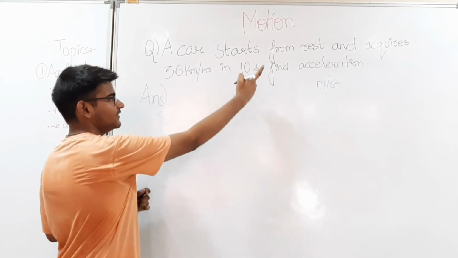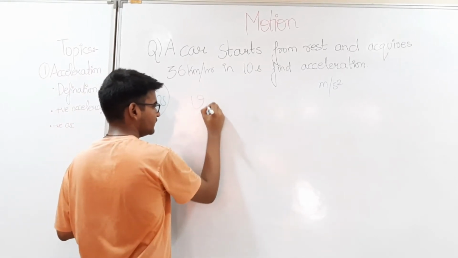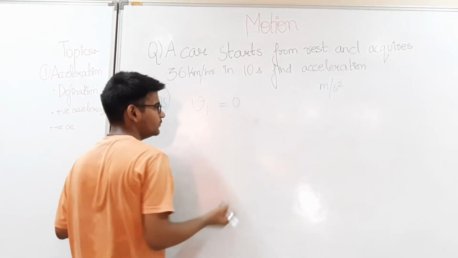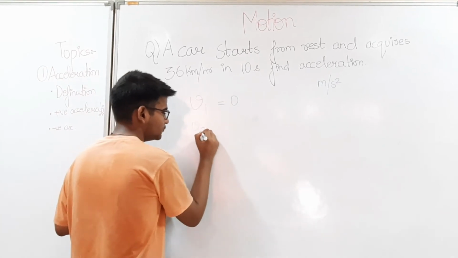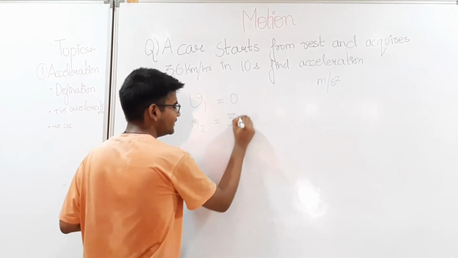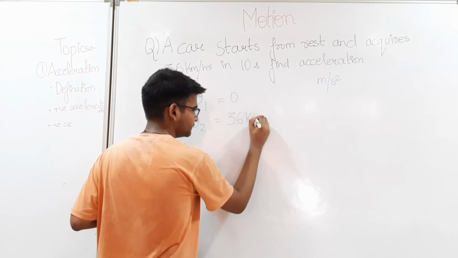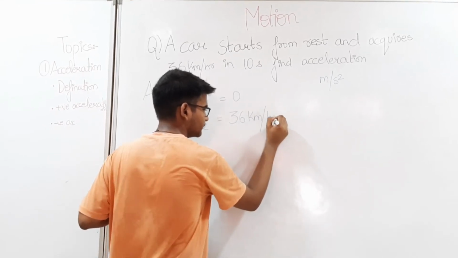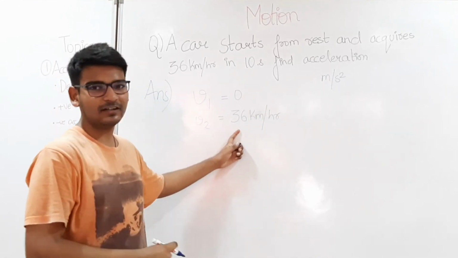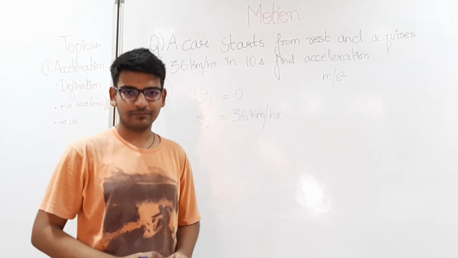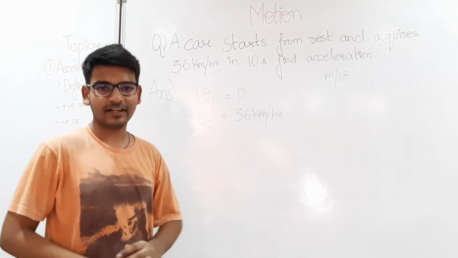Now it is given that it starts from rest, therefore v1 is equal to 0. v2 is given as 36 km per hour. Now we have to convert this into meter per second. Let me tell you one trick.